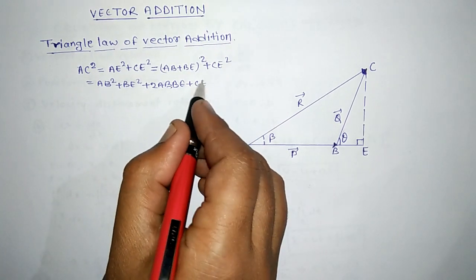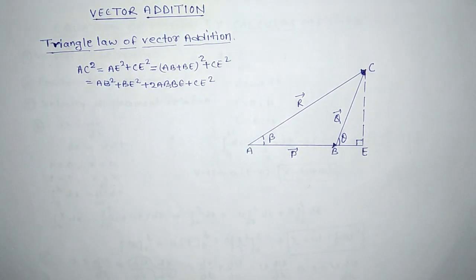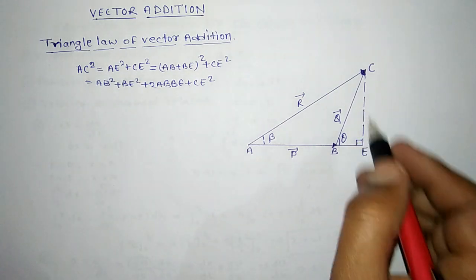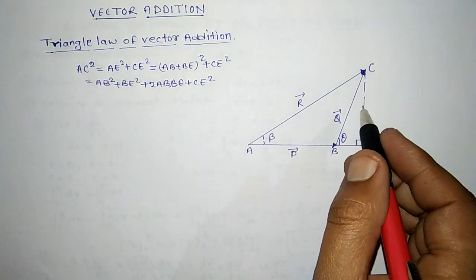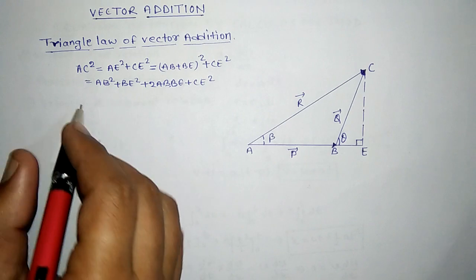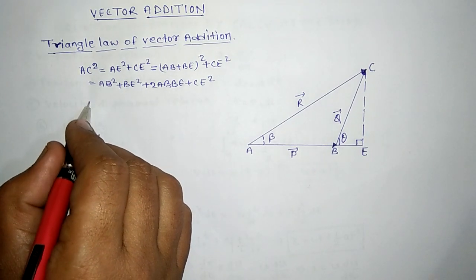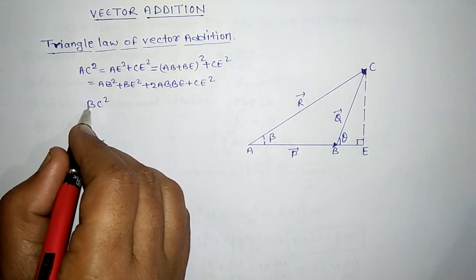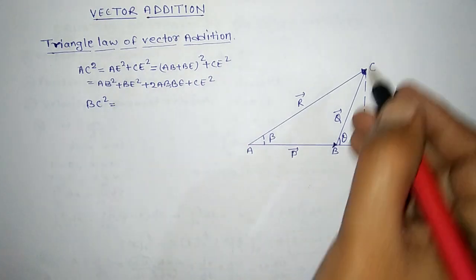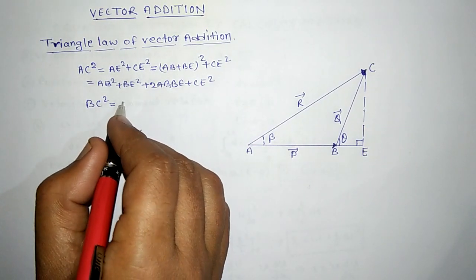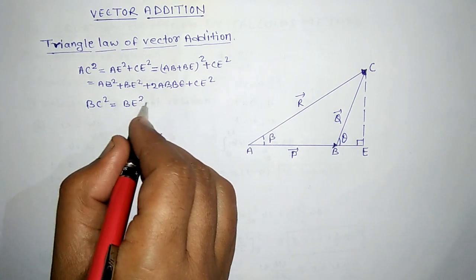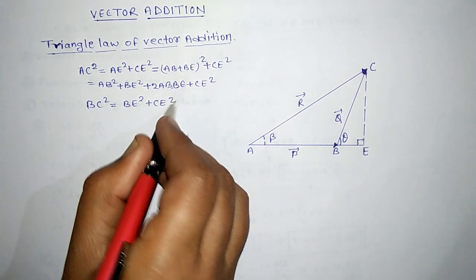plus CE square. Now from this smaller triangle, applying the Pythagoras theorem on this, we can write BC square is equal to BE square plus CE square.